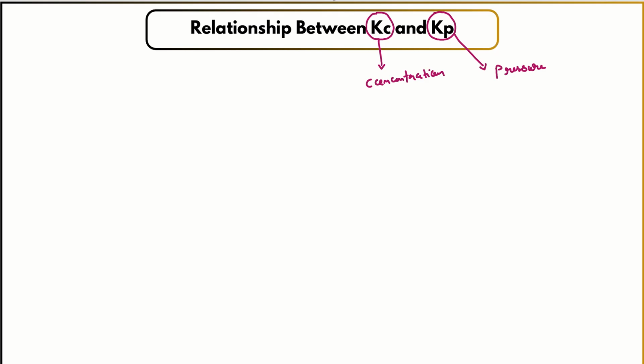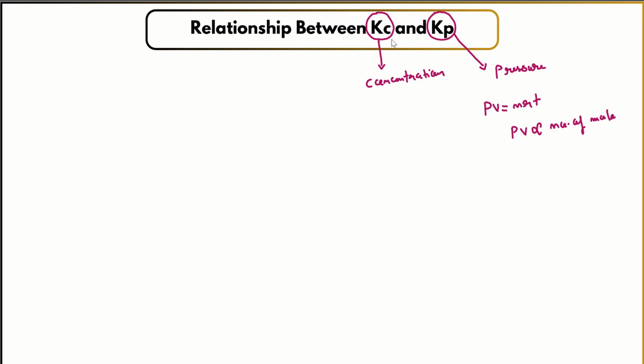But the question arises, how or why can we denote equilibrium constant in the form of pressure also, apart from concentration? Because you must be knowing one formula, PV is equal to nRT. That means pressure into volume is directly proportional to the number of moles, and number of moles means concentration also.